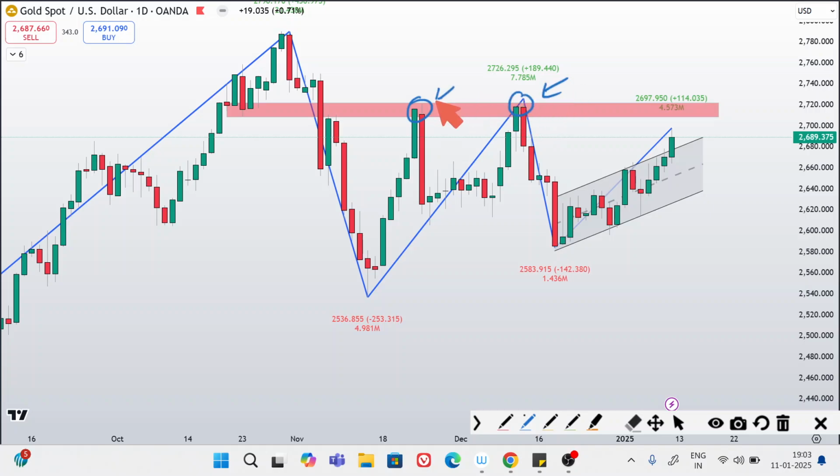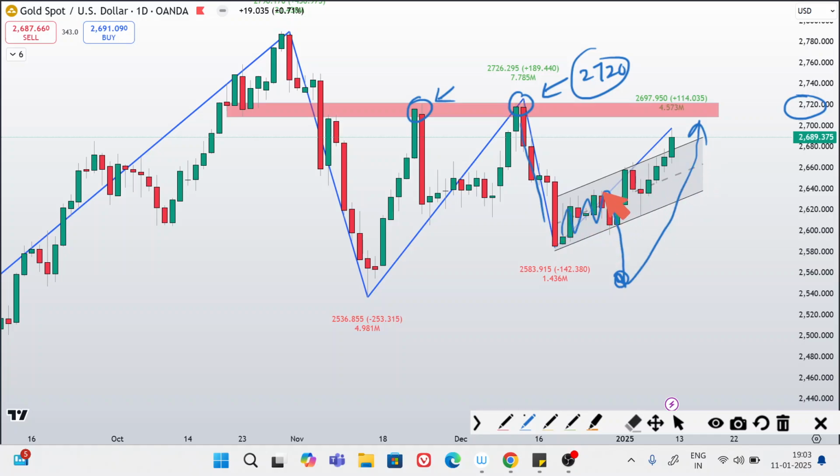We have seen a double top kind of structure over here, and the level 2720 is major resistance right over here. We have seen a sharp drop, and personally, I was expecting another drop like this, and then I was expecting that it can move like this.